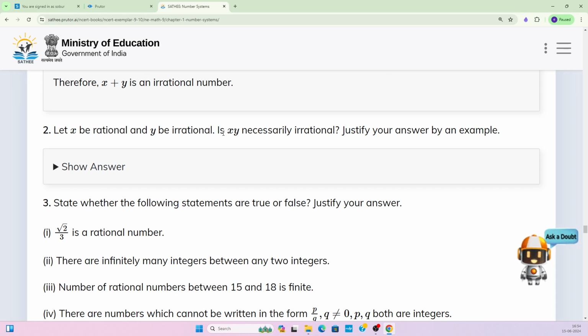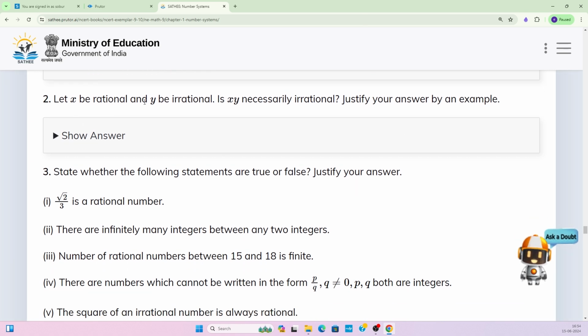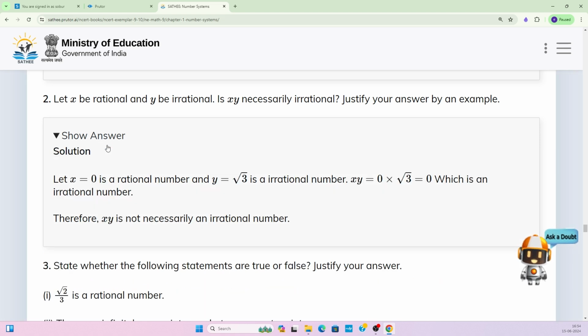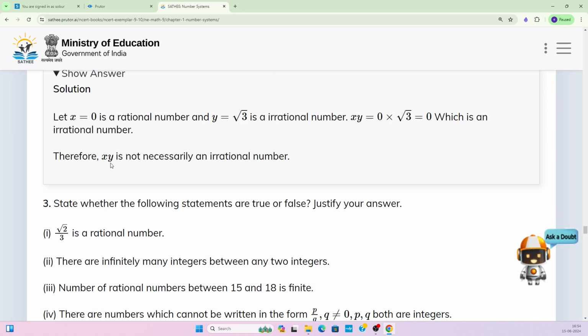In the next problem, we let x be a rational number and y be an irrational number. Then it asks, is xy necessarily irrational? Justify your answer by an example. So the answer is, it is not necessarily. So here we let x equal to 0, which is rational, and y equal to root 3, which is an irrational number.